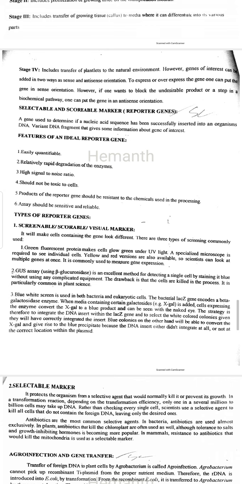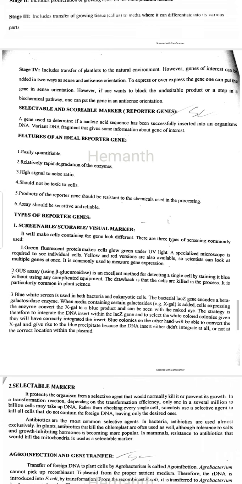The third one, blue white screen, is used in both bacteria and eukaryotic cells. The bacterial lacZ gene encodes a beta galactosidase enzyme when media containing certain galactosides is added. Cells expressing the enzyme convert the X-gal to a blue product and can be seen with the naked eye.